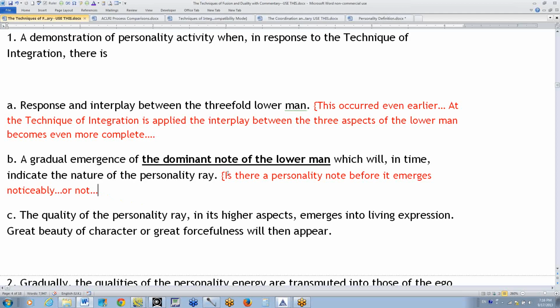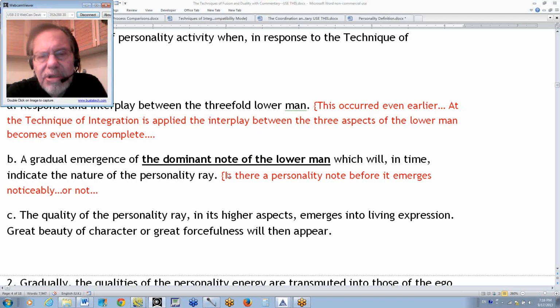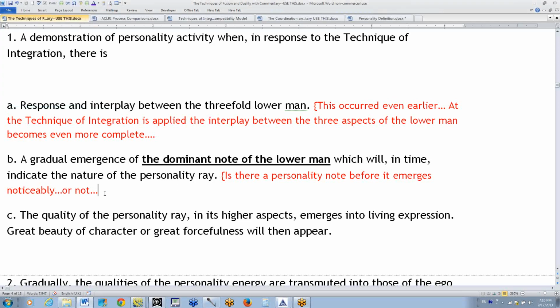Or a Lemurian man, or even an early Aryan man who is strictly mental in his approach? Do we have the emergence of a personality ray? Does it exist even if it is not noticed? Does the personality ray exist even if it is not demonstrated in the life? And there are reasons to think yes and reasons to think no.